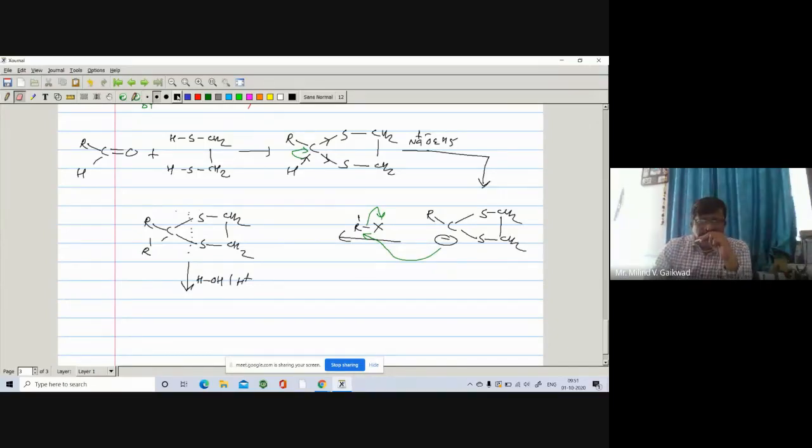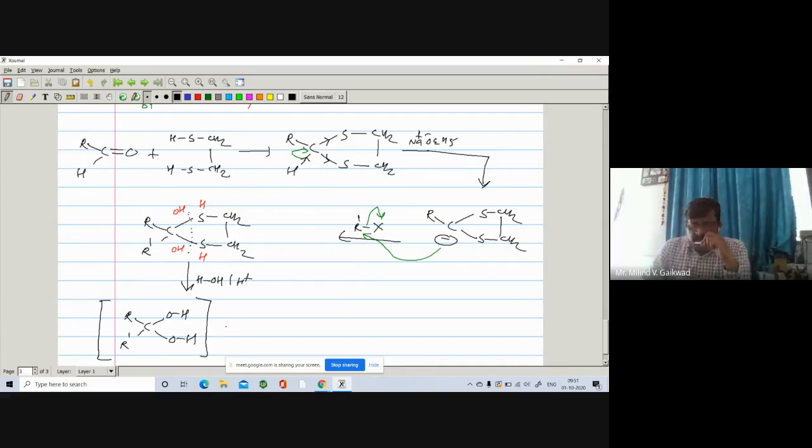Here the addition of water takes place like this, addition of OH and H, and you are getting R C R dash with two OH groups directly attached to the same carbon atom.